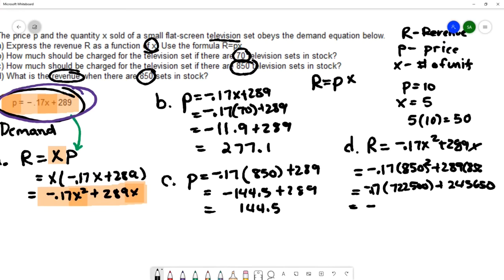That's negative 122,825. And then let's add 245,650. And that gives me 122,825. So we're going to have a revenue of $122,825 if we have 850 televisions in stock.